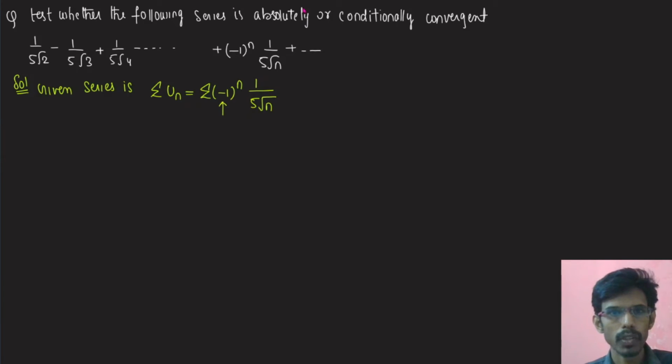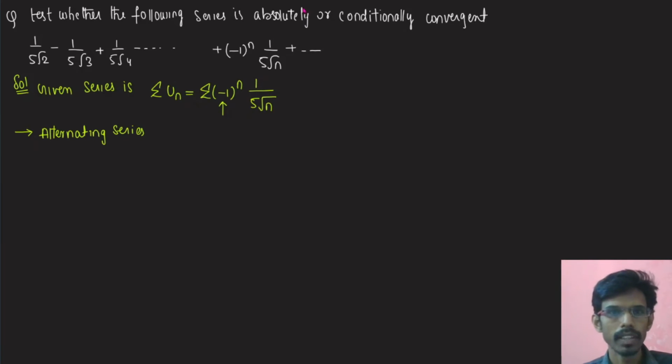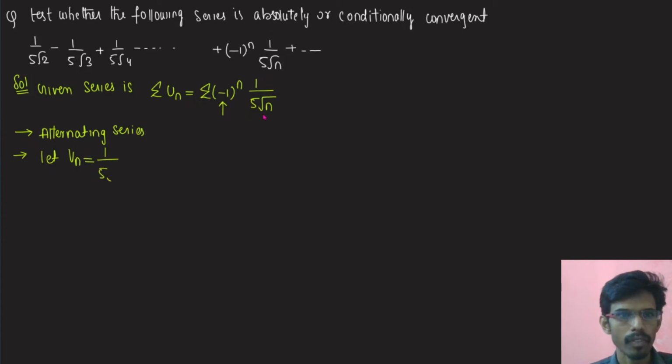Due to this minus 1 power of n, we say that the series is alternating series, that is positive and negative signs alternatively. Now take this term as Vn. Let this Vn be equal to 1 by 5 root n.